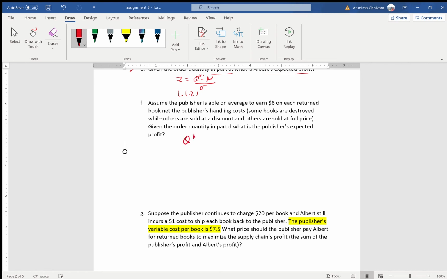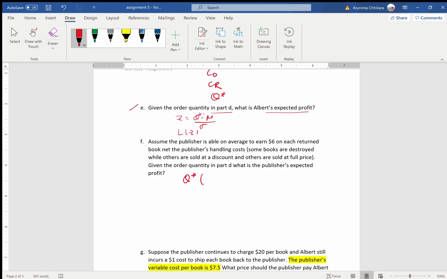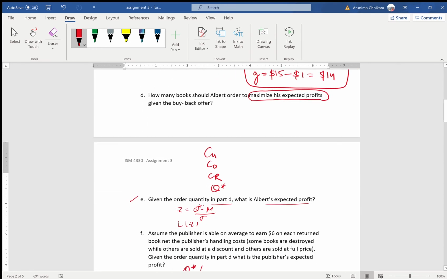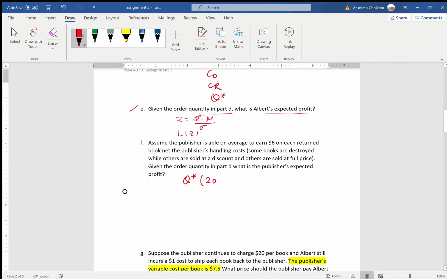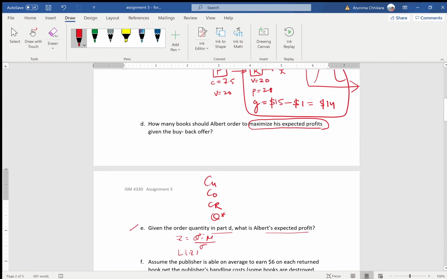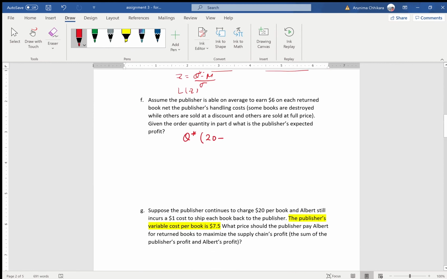For each of the Q star that it sells, it sells it for $20, and it cost them 7.5 to make it. Okay, so that's their margin on each of the books that they sold. So about $12.5.